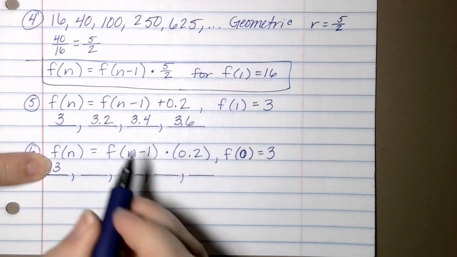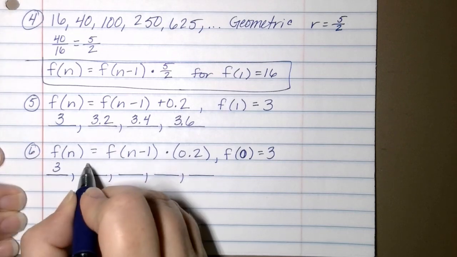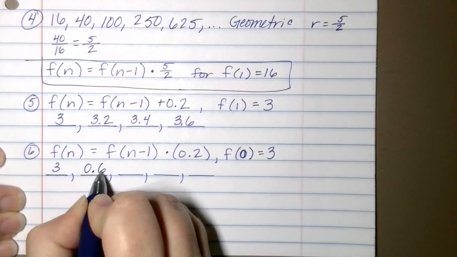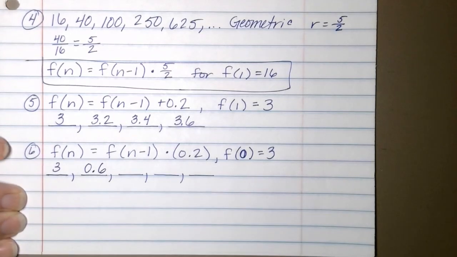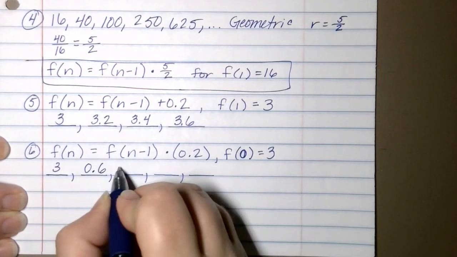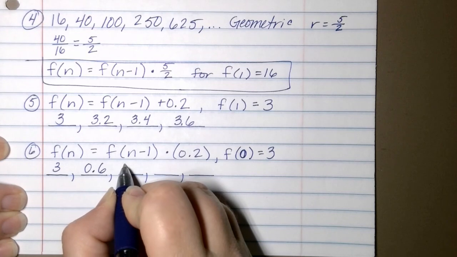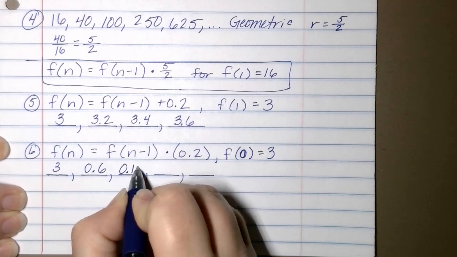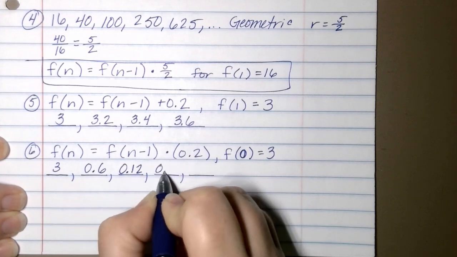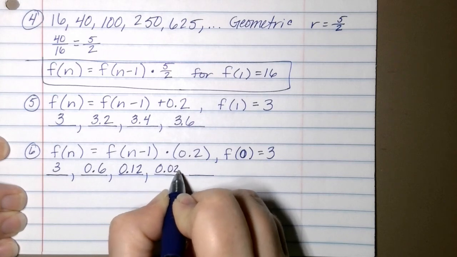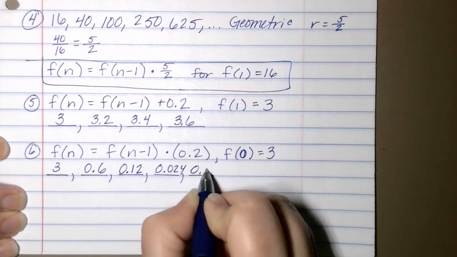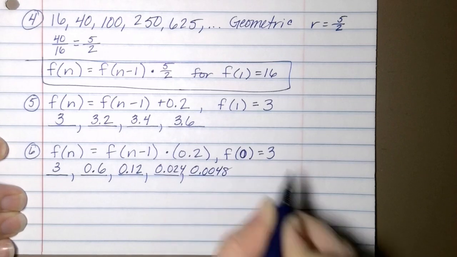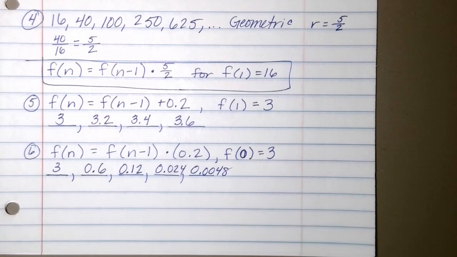What's 3 times 0.2? And to find the next term, I'm going to take 0.6 and multiply it by 0.2, and that gives me what? And then 0.024 and 0.0048.